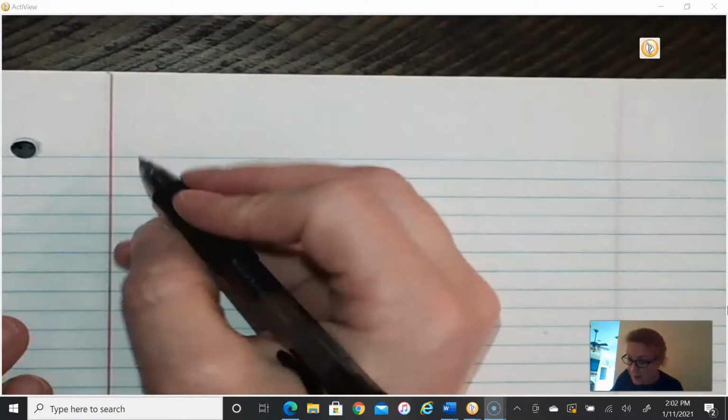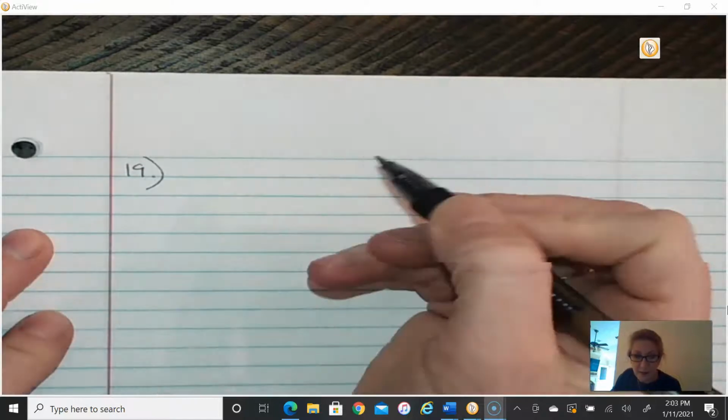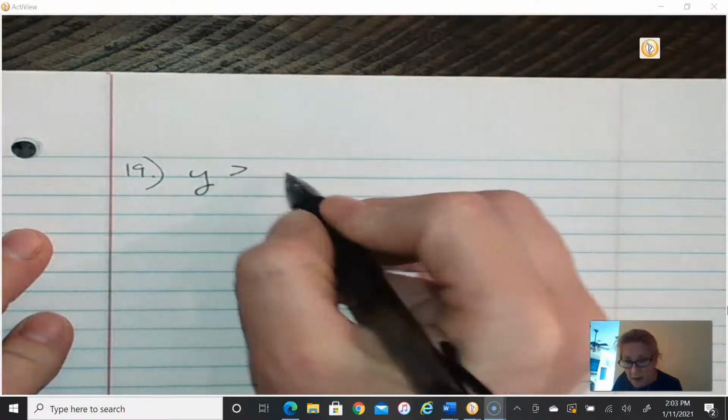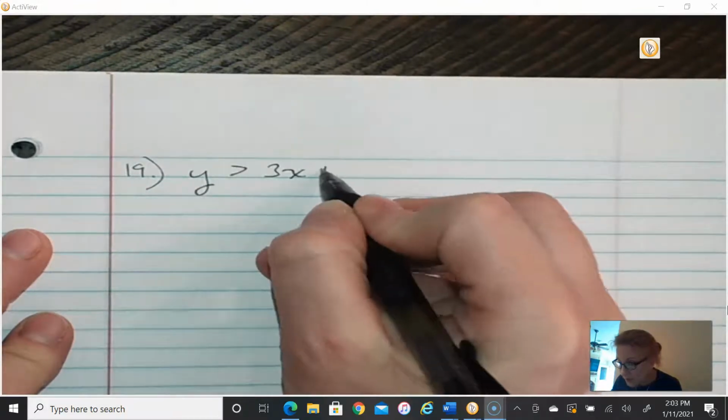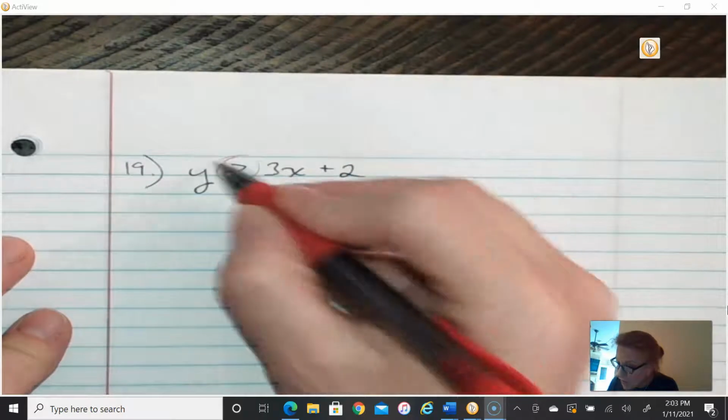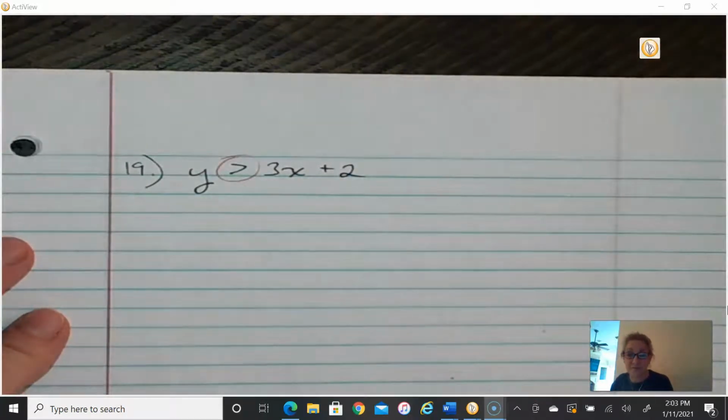All right, let's do a couple more. I got 3 more. That's it. All right, so 19. Y is greater than 3x plus 2. Okay, so remember what I told you. A good rule of thumb is to check out your inequality sign.